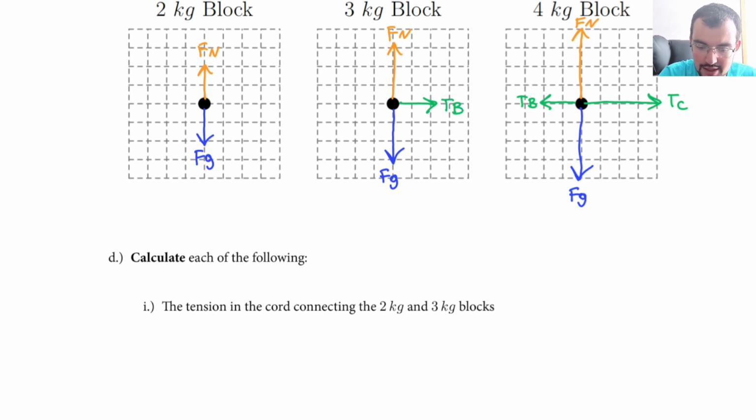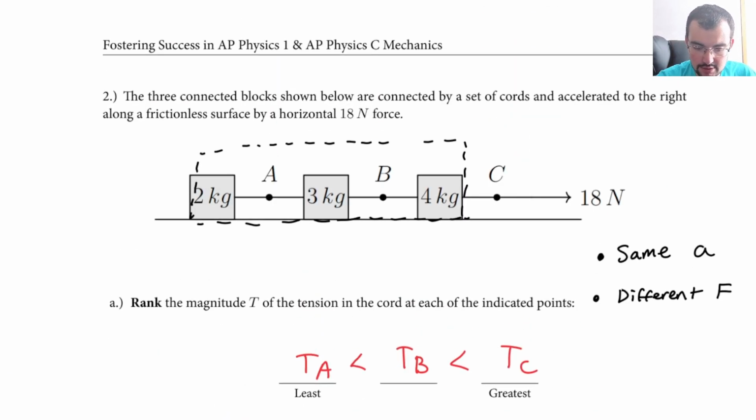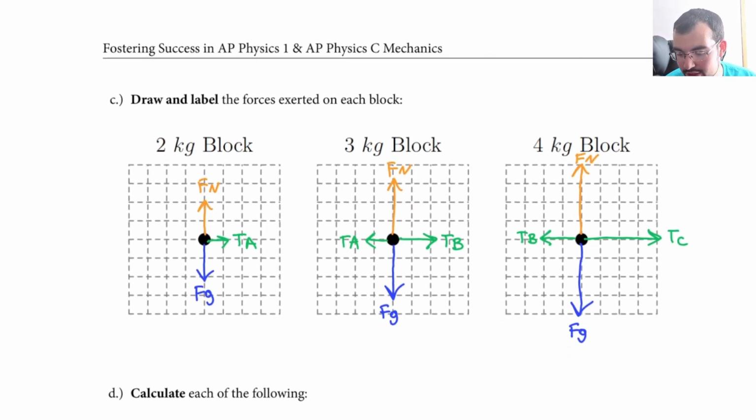And then there will be an even lower tension at A. So something like this, because the intermediate ropes will be pulling on both the masses on either end. Because we said the tension should be greater when it's accelerating the larger chunk of the train, that's why we can have this picture.